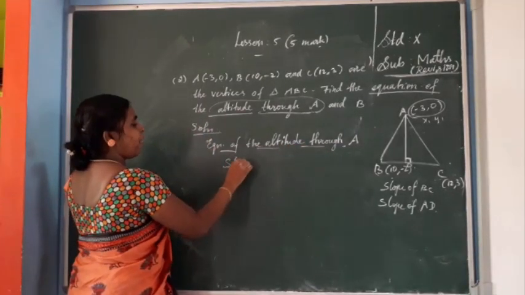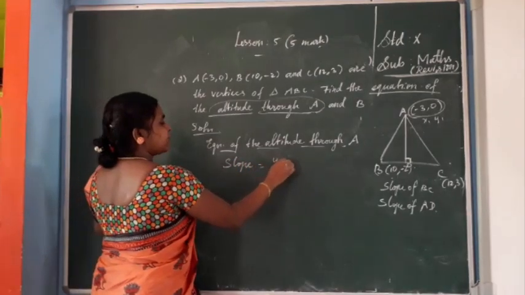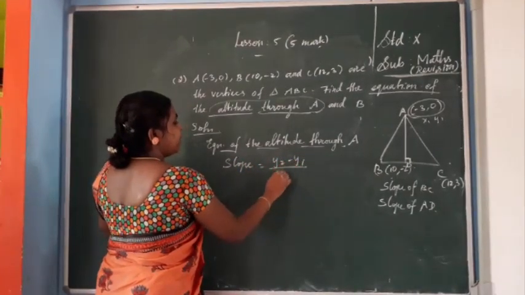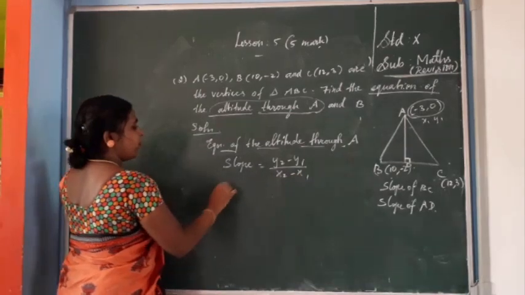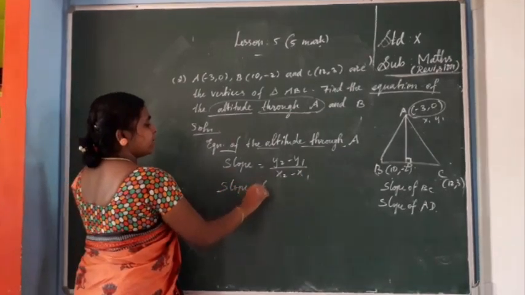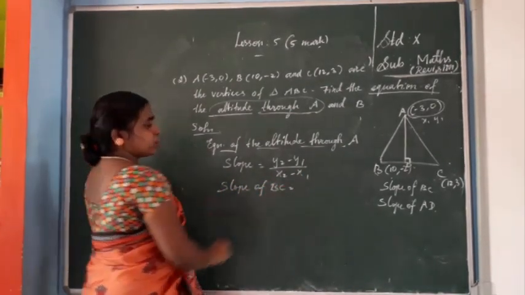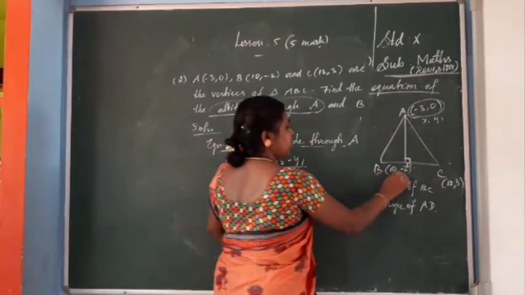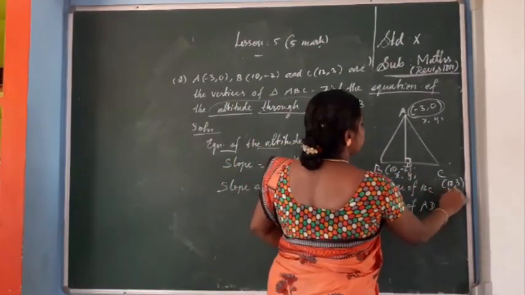So first step, what do you want to write? Slope. Slope formula, you know: slope is (y2 minus y1) by (x2 minus x1). So slope of BC. B is x1, y1 and C is x2, y2.